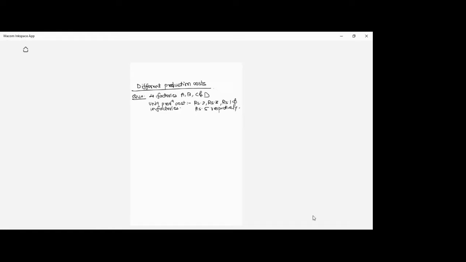Next, we had been given the production capacities, right? Production capacities were 50, 70, 30, and 50 units respectively.